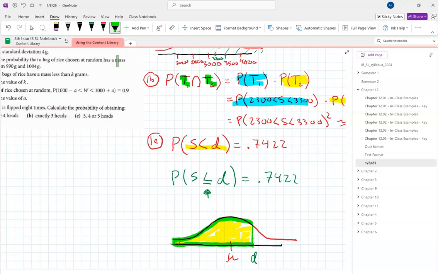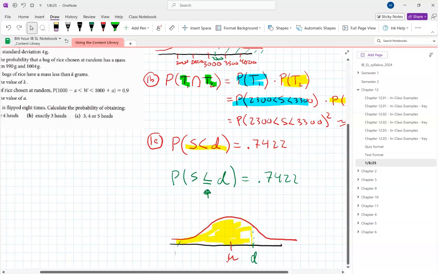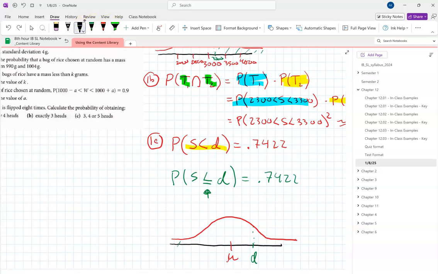The area for a line is 0. A line is a one-dimensional object, right? It can't have a two-dimensional measure to it. Its area is 0. So what is that telling us then? What can we say about this normal distribution? That those two probability statements are equal.